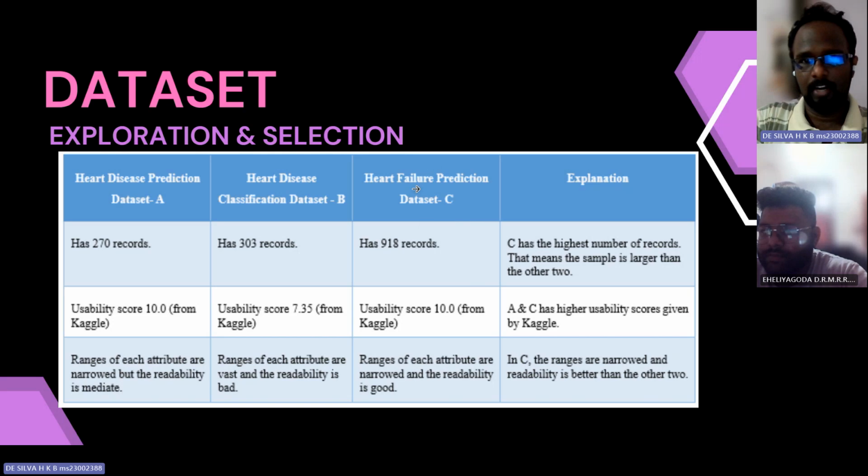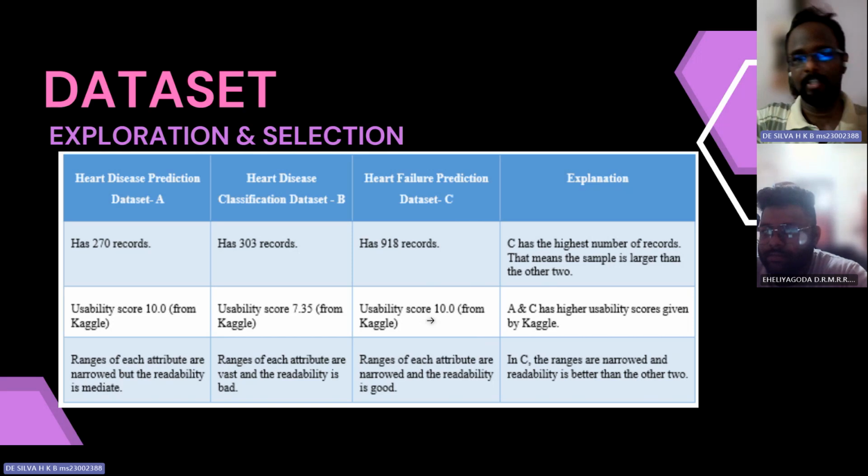This heart failure prediction dataset C has 918 records, the highest number of records among these three datasets, and the usability score is 10 in that dataset.